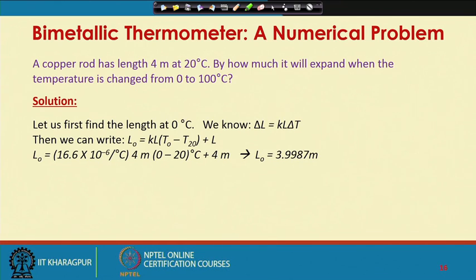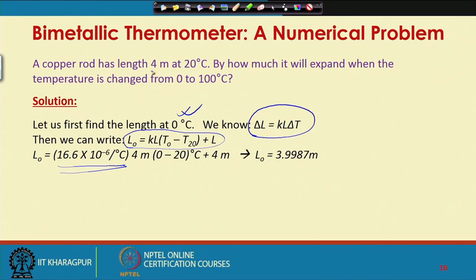First let us find out the length at 0 degrees Celsius. We have talked about this relationship, so simply make use of it. This is the thermal expansion coefficient of the copper.